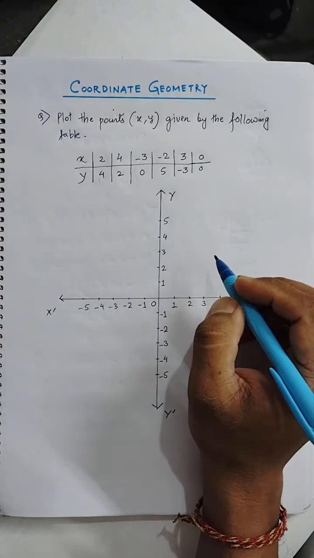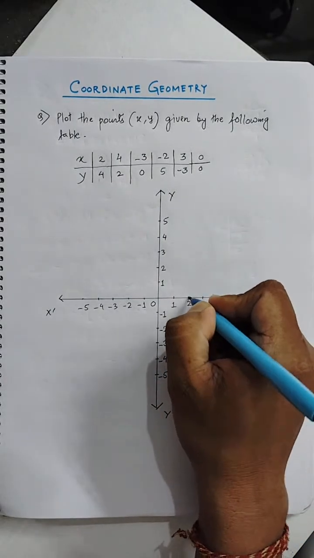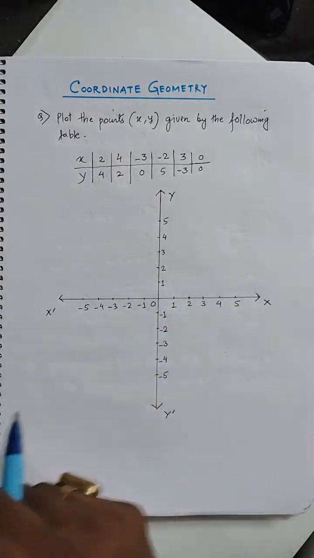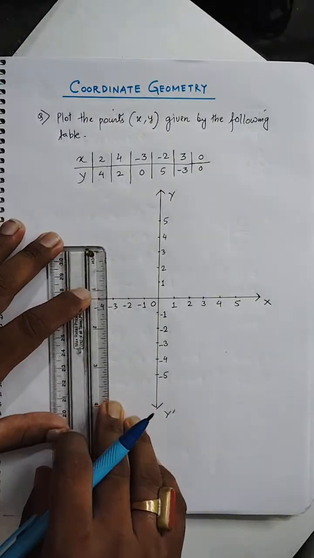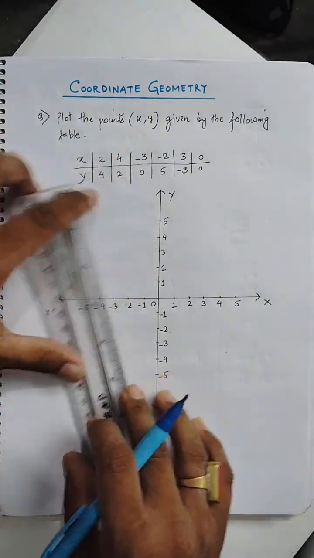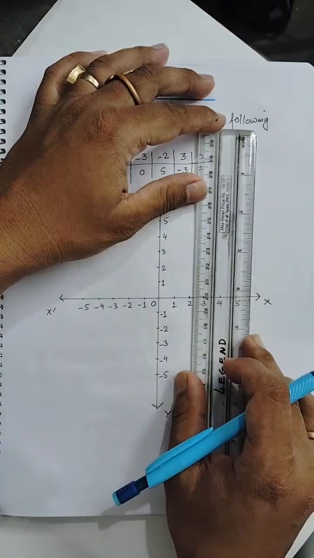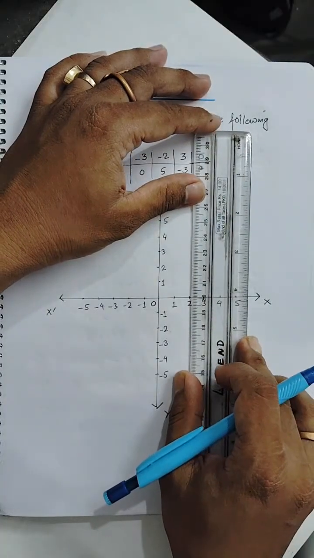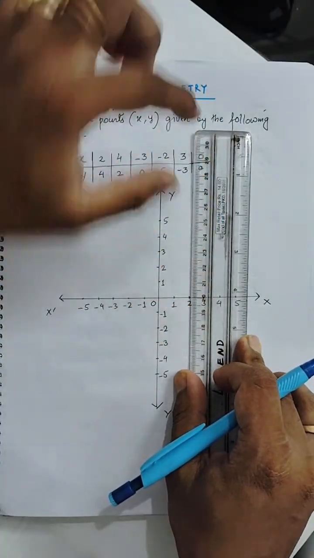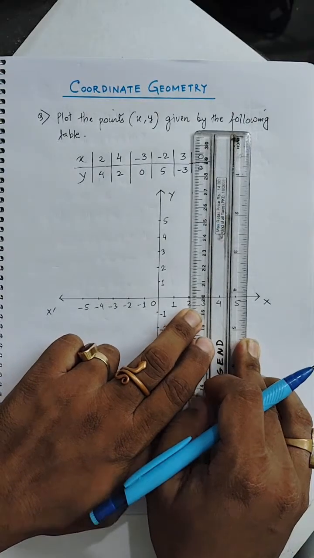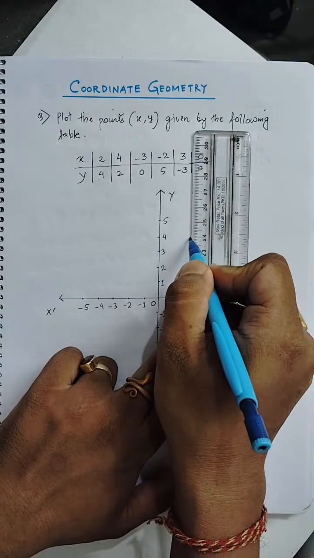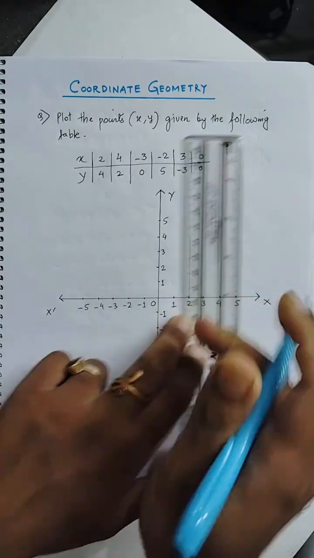So this point will lie in the first quadrant. ये point first quadrant में ही आएगा. So this is 2 and this is 4. So this is the problem when we do it on plain paper. We have to place the ruler in such a way that this looks parallel to the y-axis. So we have to draw a line till the point 4.